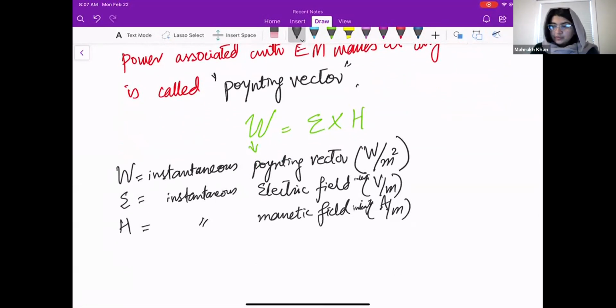Now, if we want to associate it with the radiation, like the power radiated, as it's an instantaneous value and its density is per meter square, we want to integrate it over the area, okay? That's what we want to describe as the total power radiated.